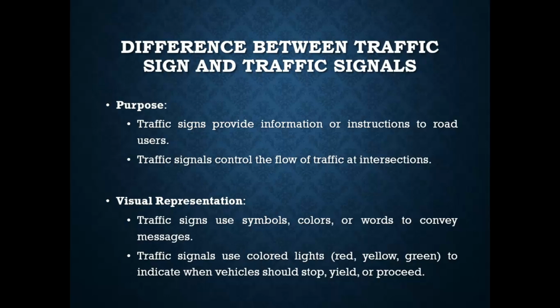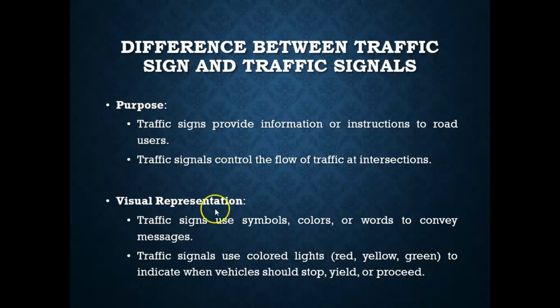As we can see here, the traffic signs provide information and instruction to road users, telling you where to turn, where not to turn, where you can park, where pedestrians are meant to go, and giving us more information about recreational activities happening around. But traffic signals control the flow of traffic at the point of intersection. Traffic signals, just like the traffic lights, are usually at the point of intersection, helping us to manage and control traffic. So that is the purpose.